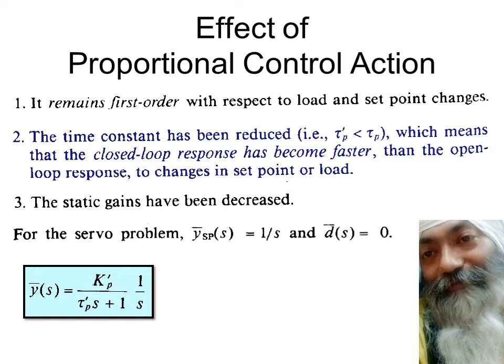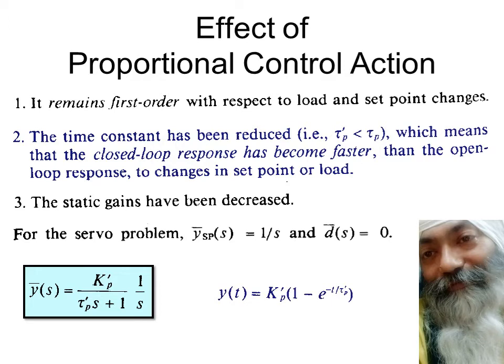If you see, I have just put the response over here for the step change, and here I put d dash equal to 0, d bar equal to 0. I will take the Laplace inverse of this in the time domain, and what do I get?